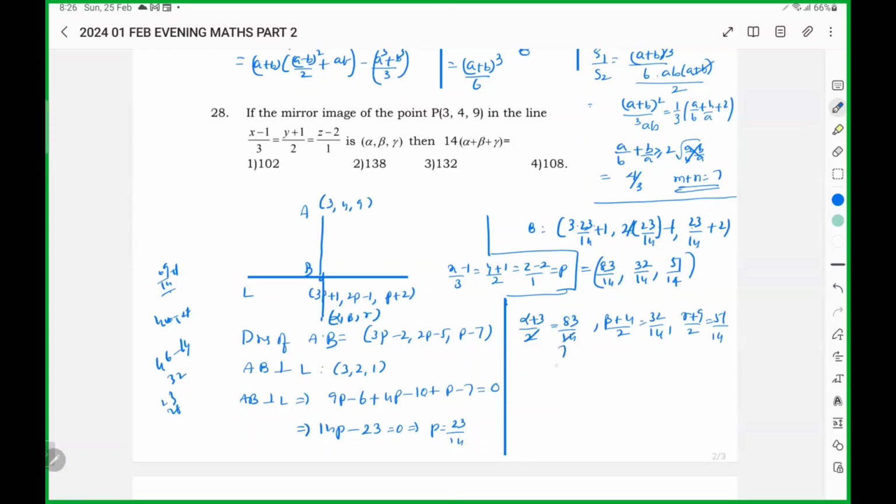So alpha is 83 by 7, 32 by 7 minus 4. Gamma is 51 by 7, 21. 4 by 7, gamma is 63.